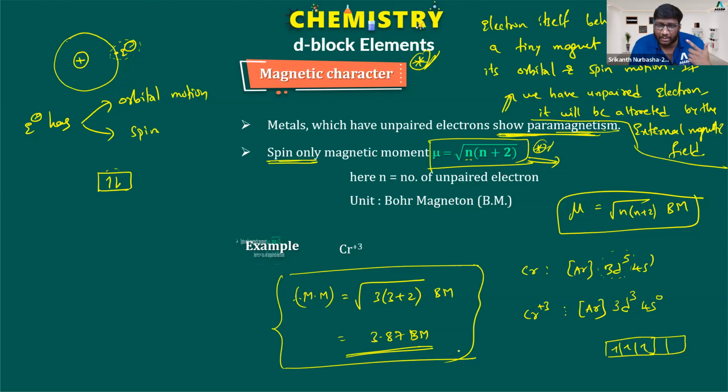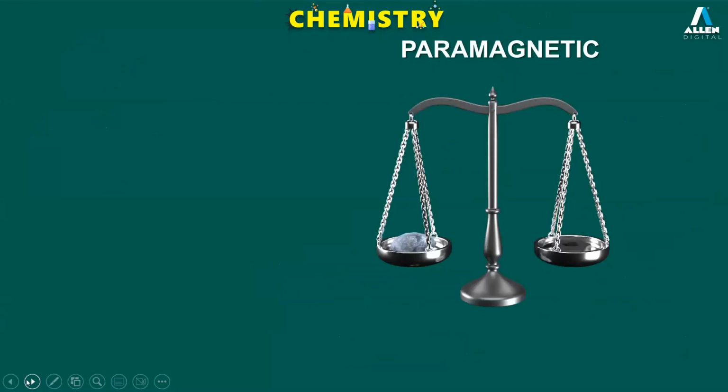If they have given the magnetic moment as 4.8 or 4.9, you can say the number of unpaired electrons is 4. So 3 unpaired electrons means you will have 3.87 or 3.9 as the spin only magnetic moment, right? Yes, very good.